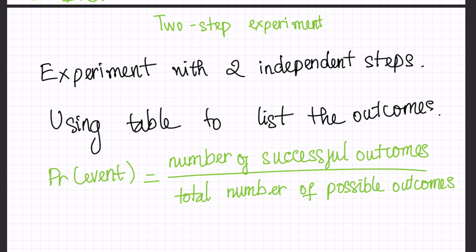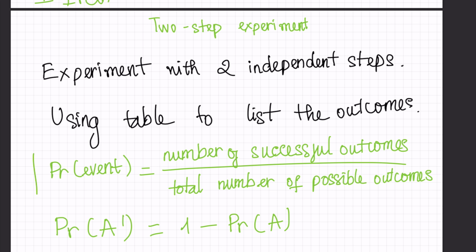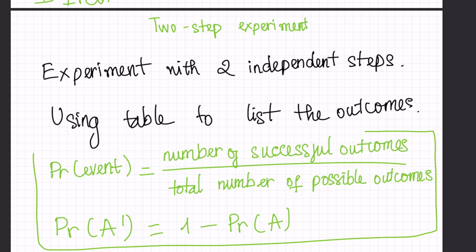And another one that we learned before: the probability of the complement of A, meaning not A, equals 1 take away the probability of A. So those are the two formulas that we have learned up to now.